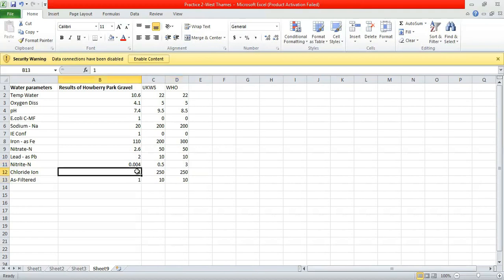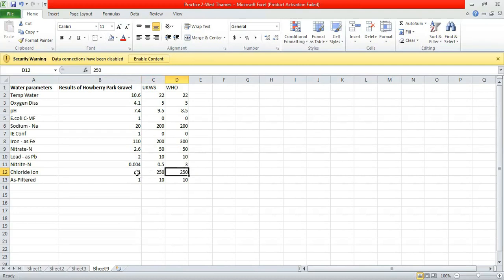So if it's milligram, for example, chloride ions, it's in milligram per liter. So the national standard also needs to be in milligram, and the WHO value needs to be in milligram per liter.